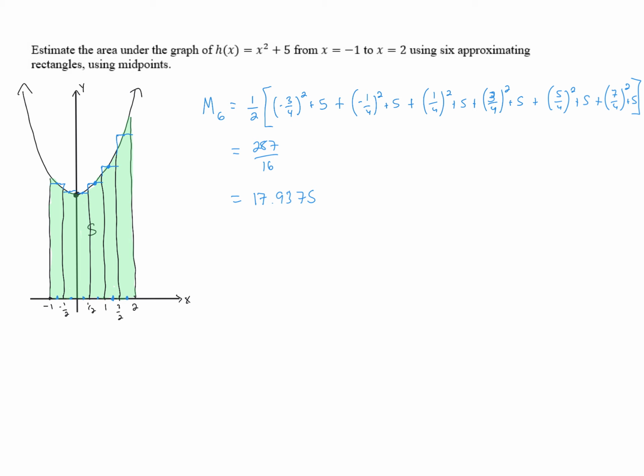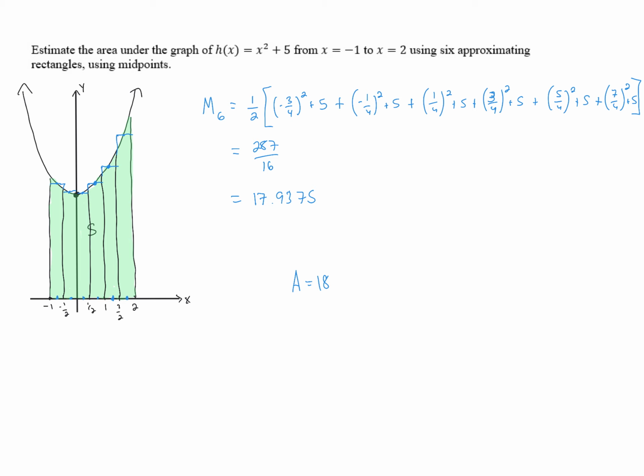And I'm just going to tell you, if you were to go through and take the limit as the number of strips goes to infinity to get the actual area, you would end up with an actual answer of 18. And so this midpoint approximation is actually a very, very good approximation.